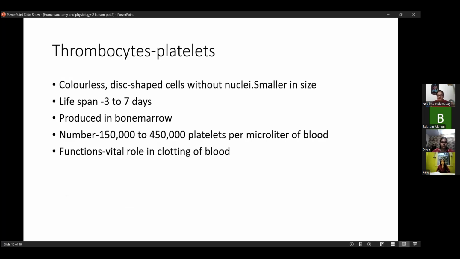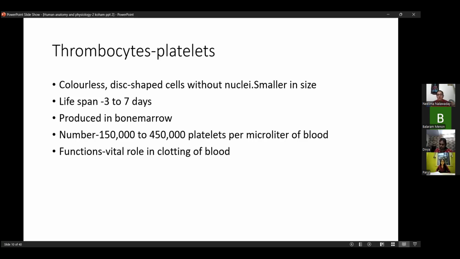Thrombocytes or platelets are responsible for blood clotting or coagulation of blood. Colorless disc-shaped cells without nucleus, smaller in size, lifespan 3 to 7 days, produced in bone marrow. Bone marrow is a very important part of our bones.